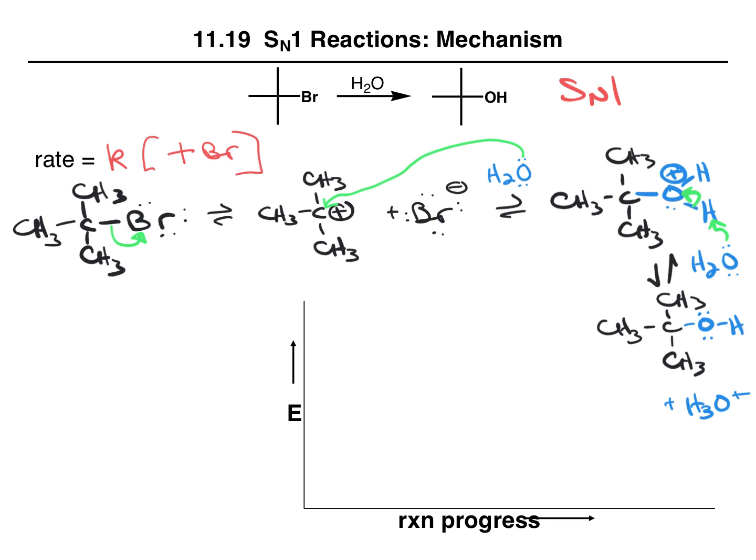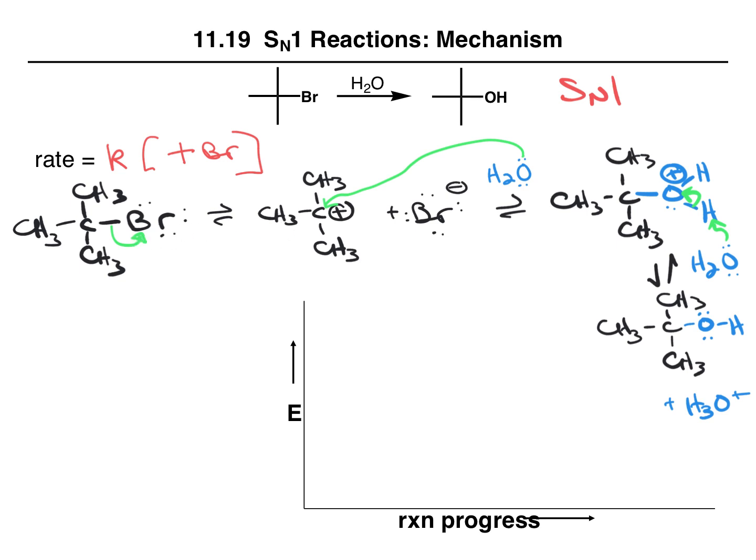And our overall reaction takes us from an alkyl bromide to a carbocation to a protonated alcohol to an alcohol. For a nucleophile to add to a carbocation, that's going to be an easy reaction. Proton transfer to and from oxygen is an easy reaction, but formation of the carbocation is going to be a very difficult reaction.